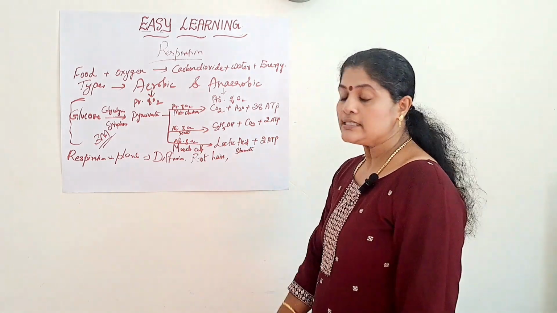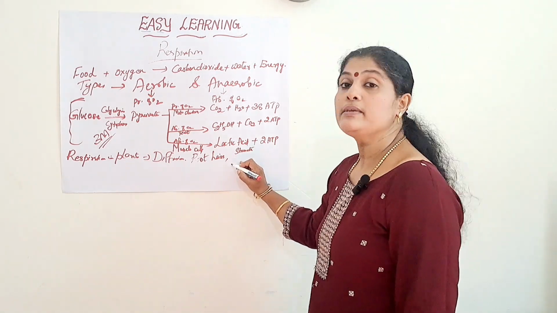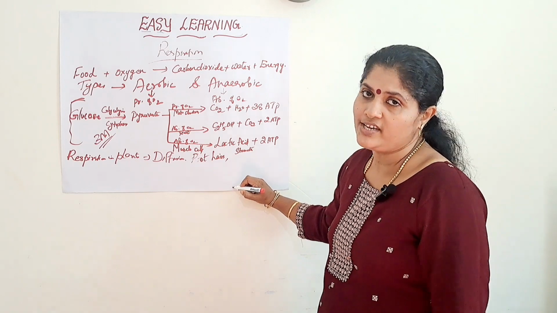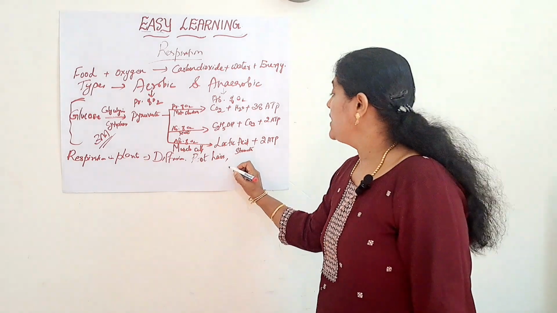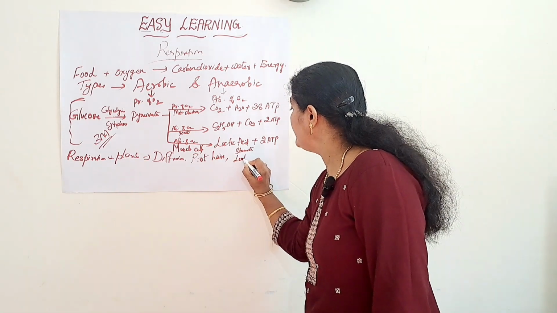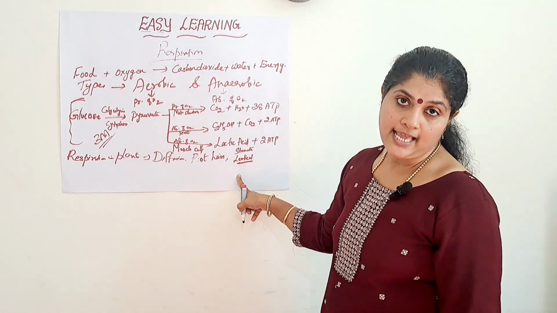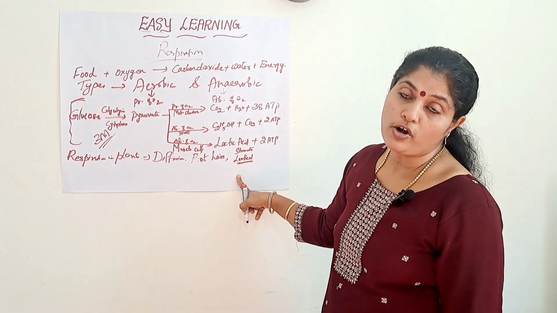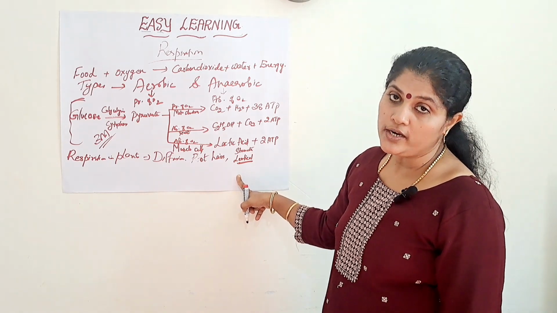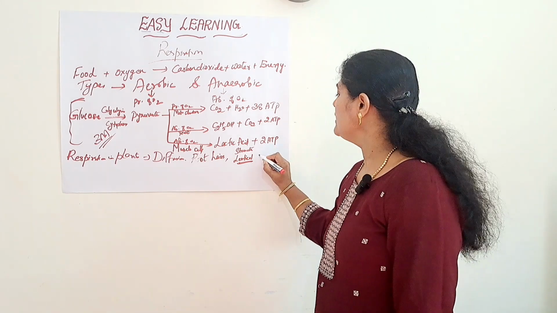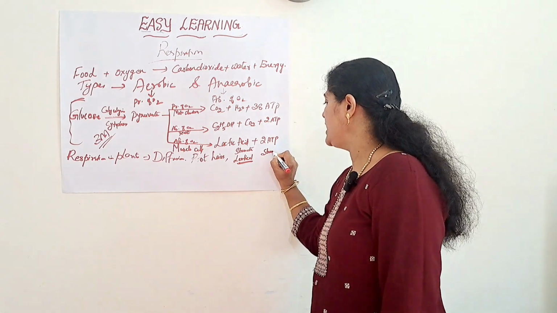In hard woody trees, big trees like banyan and coconut trees, they respire with the help of lenticels. You have to remember this term, lenticel, the respiratory organ in hard woody trees, because it may come as an MCQ. And in the case of leaves, it is normally the stomata.